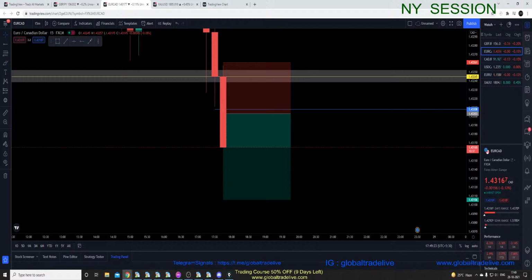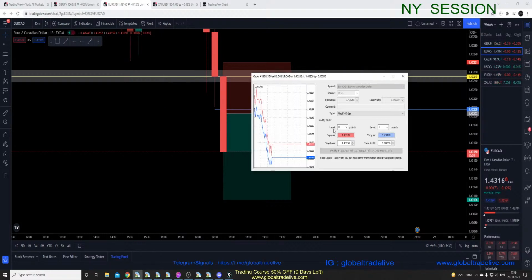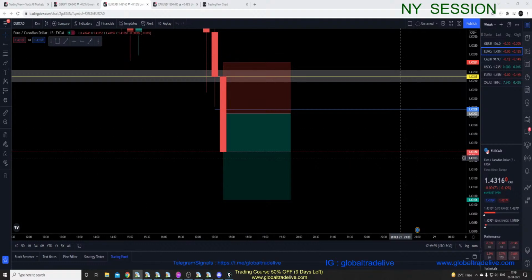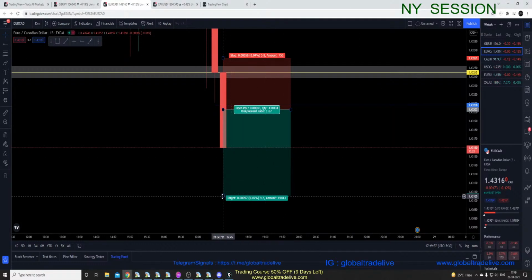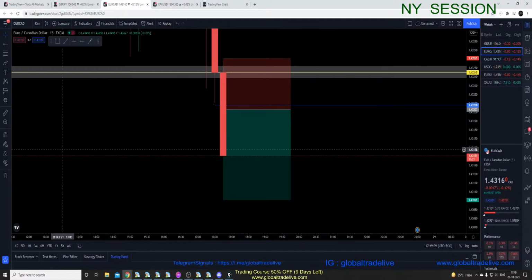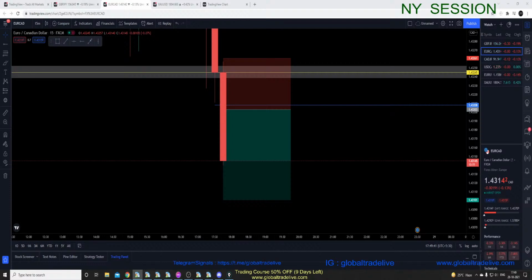Kept stops running in 3 pips of profit right now. Stops are at 1.43261. Alright, 10 pips will be over here, running in 5 pips of profit.